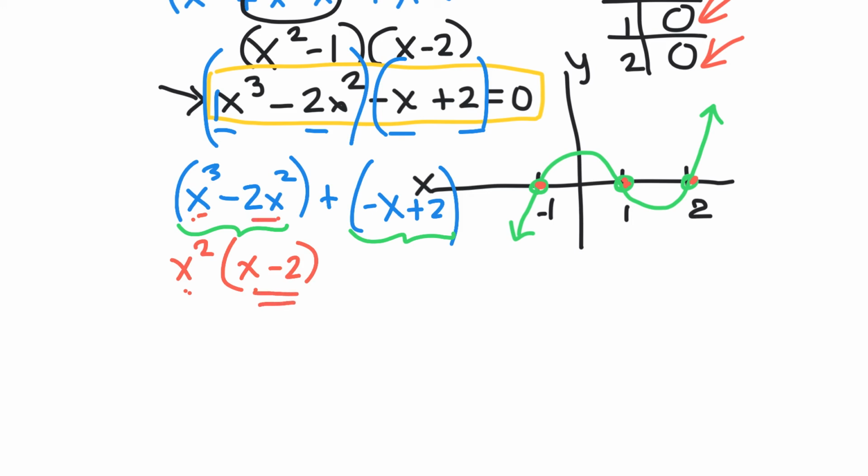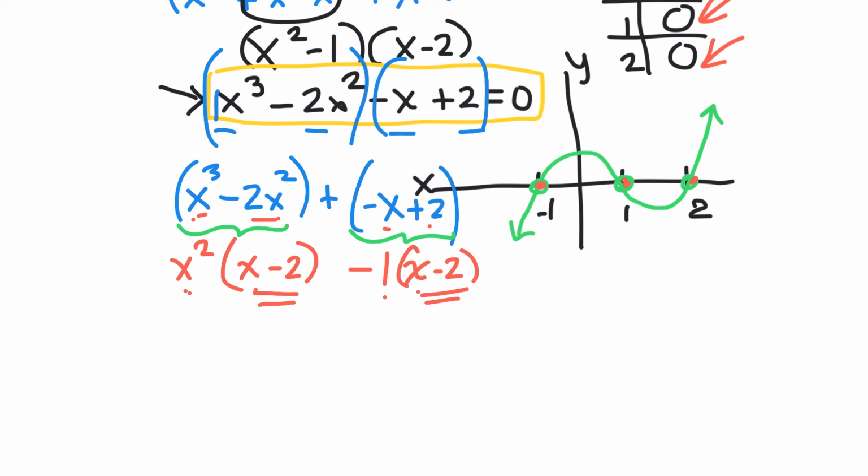Now, since I know this is factored by grouping, I know that I should have an x minus 2 here as my group that I'm going to factor here. I know I have to have x minus 2. That simplifies the factoring because all I need here is a minus 1. Minus 1 times x gives me that one, and the minus 1 times the minus 2 gives me plus 2. So that is factored correctly.